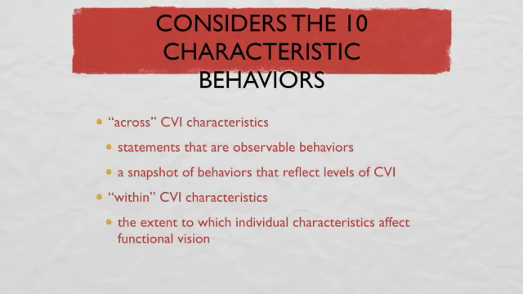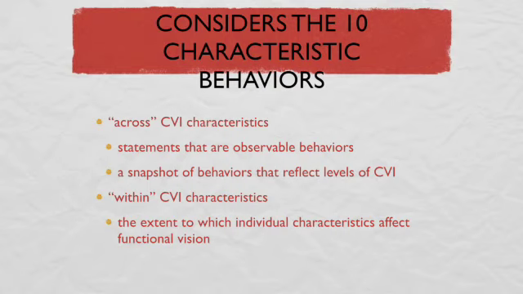So the CVI range is used to consider these 10 visual and behavioral characteristics using two methods. You will obtain a CVI range score based on a set of statements that create kind of a snapshot of observable behaviors. That's called the Across CVI Characteristics Rating, or Rating 1.